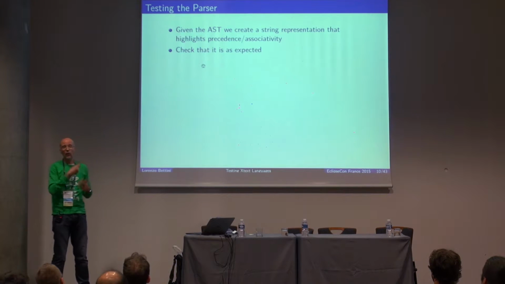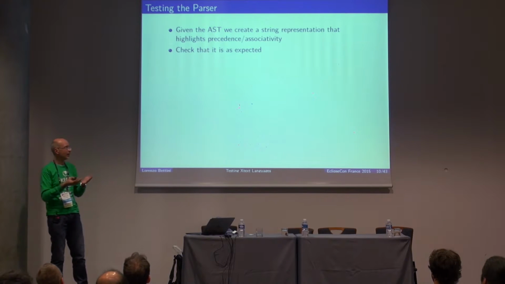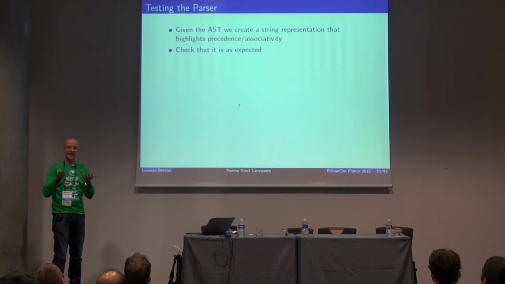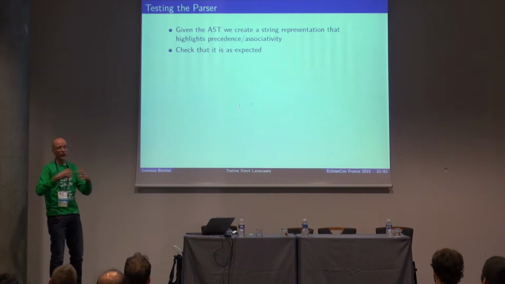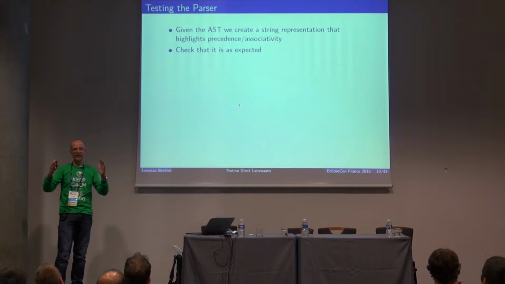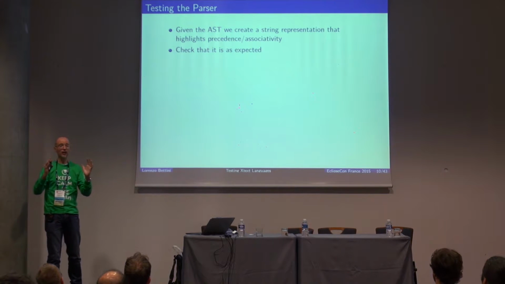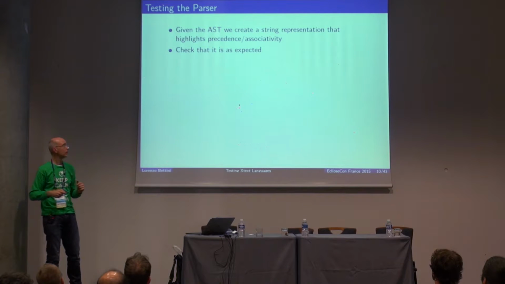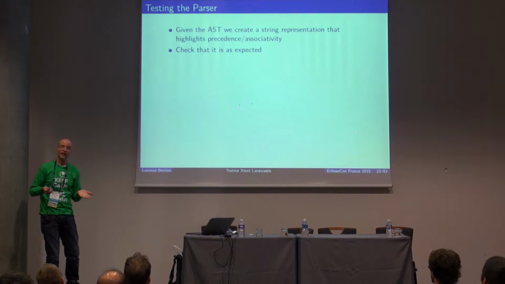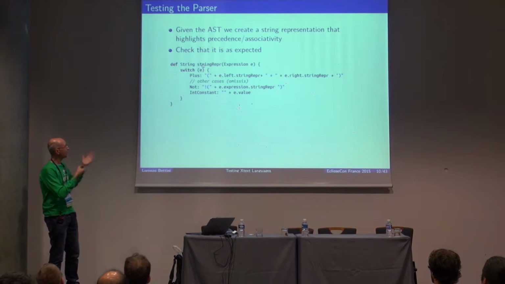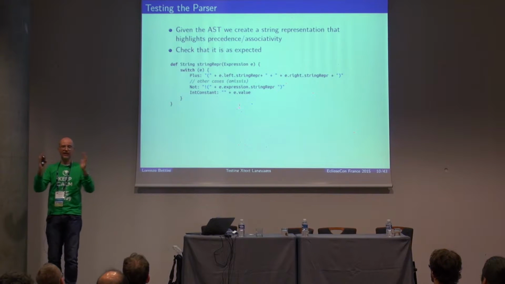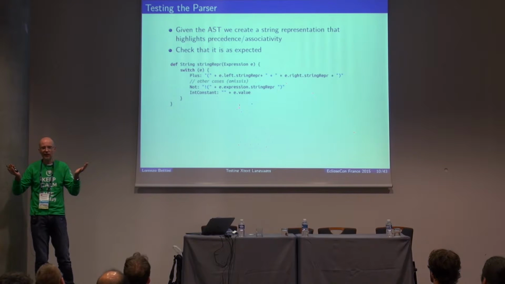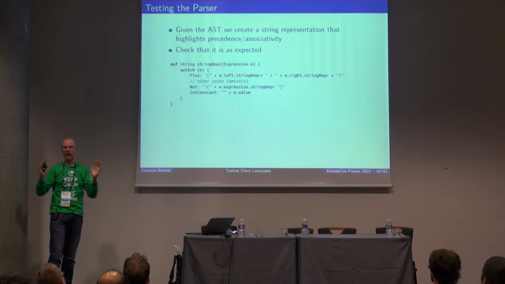So how can we test this? Given the AST of the parsed input file, we create a string representation that highlights the structure of the model. And we check that it is as expected. So given any expression, we'll give a string representation with parentheses that tells me how the original expression is parsed.